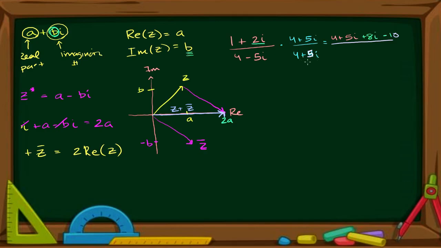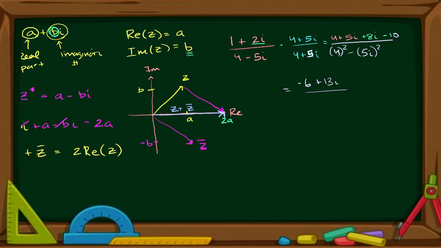So let's multiply it. This is a minus b times a plus b. So 4 times 4, that's going to be 4 squared minus 5i squared. And so this is going to be equal to 4 minus 10. Let's add the real parts. 4 minus 10 is negative 6. 5i plus 8i is 13i. Add the imaginary parts.